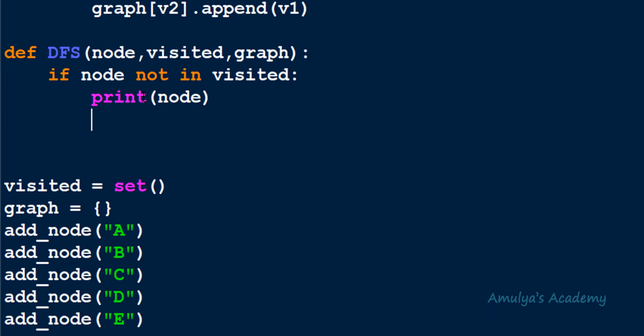Now here we can see we are printing the node. That means we are visiting that node. So now that node is visited. So we need to mark that node as visited. After visiting that node, for that, I'll add that node to visited set. To add that, I'll use this visited.add(node).